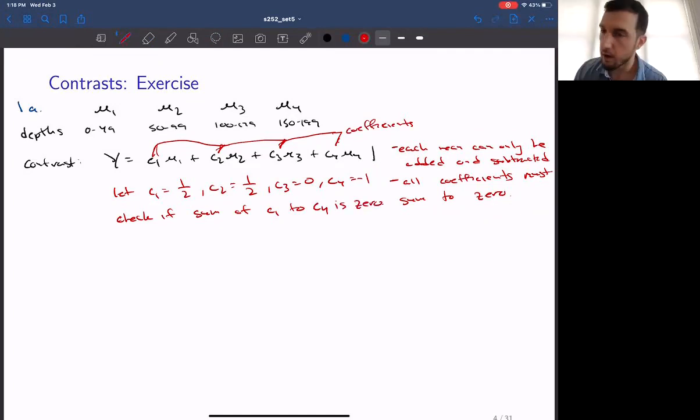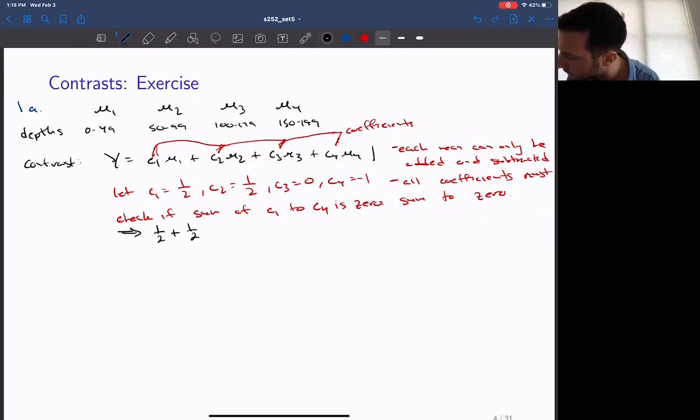Okay, so I want to check this part here. So that's going to be 1 over 2 plus 1 over 2 plus 0 minus 1 equals 0.